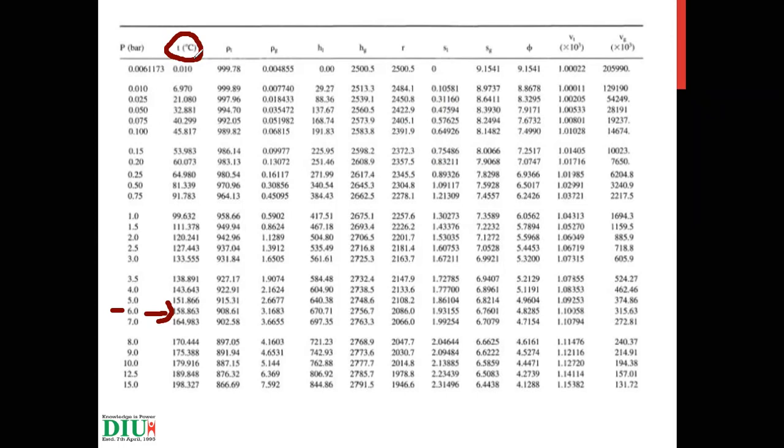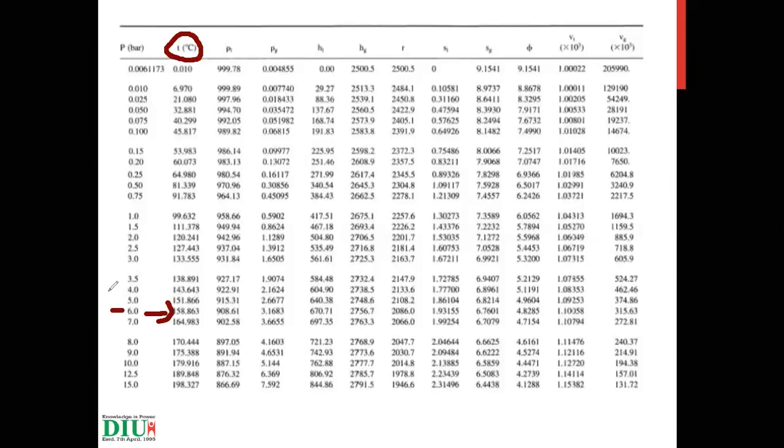So for 6 bar, the steam table gives us that the boiling temperature is 158.8. One interesting thing I need to say: we always say that the boiling temperature of water is 100 degrees Celsius, but that is not the complete information. We need to say that the boiling temperature of water is 100 degrees Celsius at standard pressure, or one atmospheric pressure, or 1 bar, because if we change the pressure value, the boiling temperature also changes.